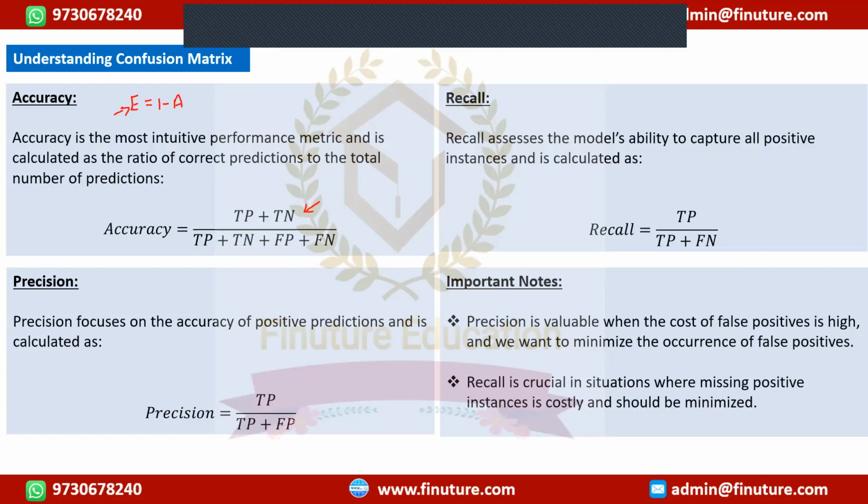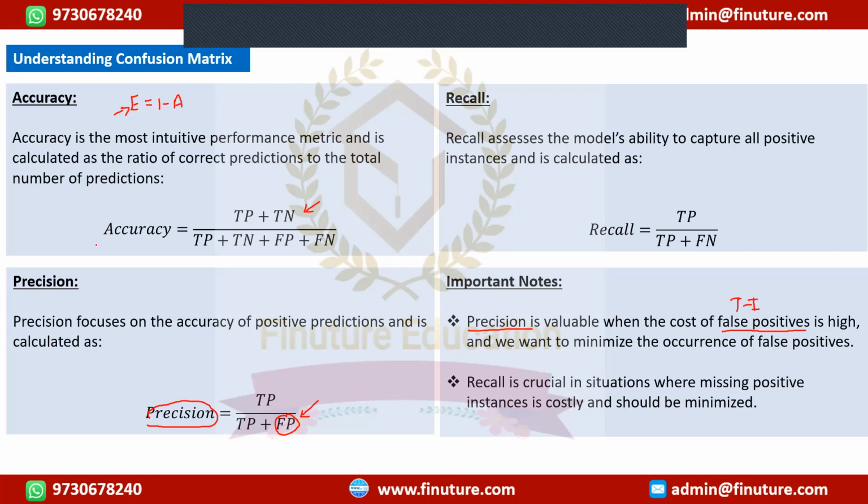So that is a type 1 error. When you want to work on a type 1 error, it is the main metric that is considered. Precision is valuable when the cost of false positive is high and we want to minimize it. When you want to reduce a type 1 error, precision is the criterion you would mainly focus on.